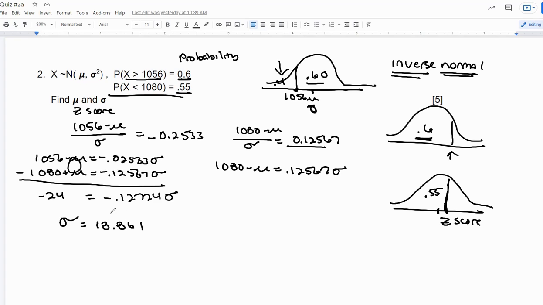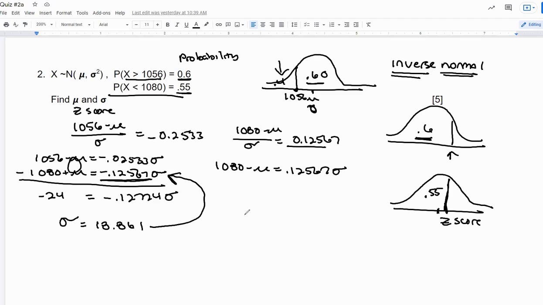All right. Now, how do I find the mean? And see, here's what I suggest. Do you see how the mean is positive in this one? Now, do you still have the 18.861 in your calculator? Now, times it times this.